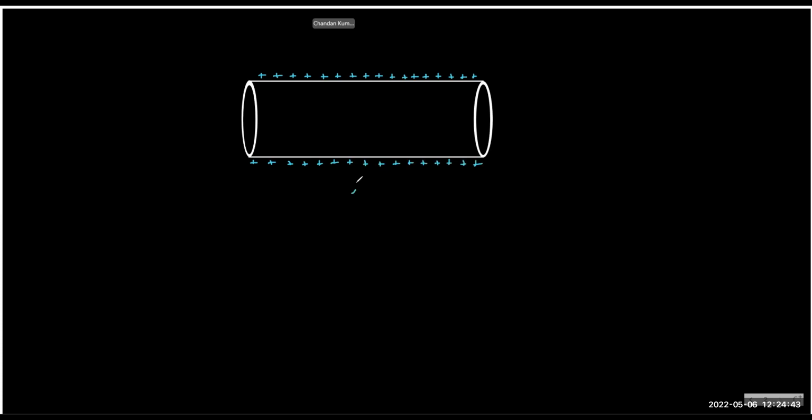The length of cylinder we can call L. The radius we can call it R. Charge given is Q on the lateral surface, curved surface.